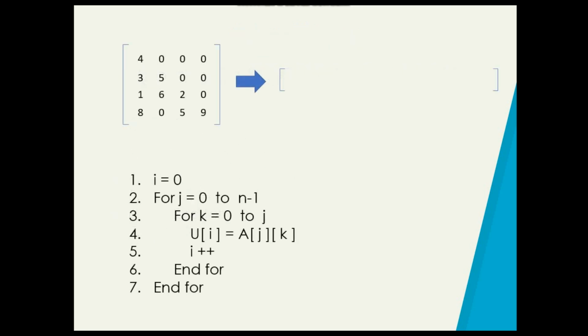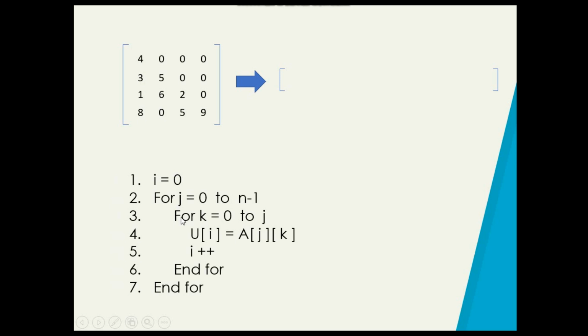Now i is the index of the unidimensional array, j is the index of the rows, and k is the index of the columns. As we saw earlier, the number of non-zero elements in the first row is 1, number of non-zero elements in the second row is 2, number of non-zero elements in the third row is 3, and so on. So for each row we'll iterate the columns.